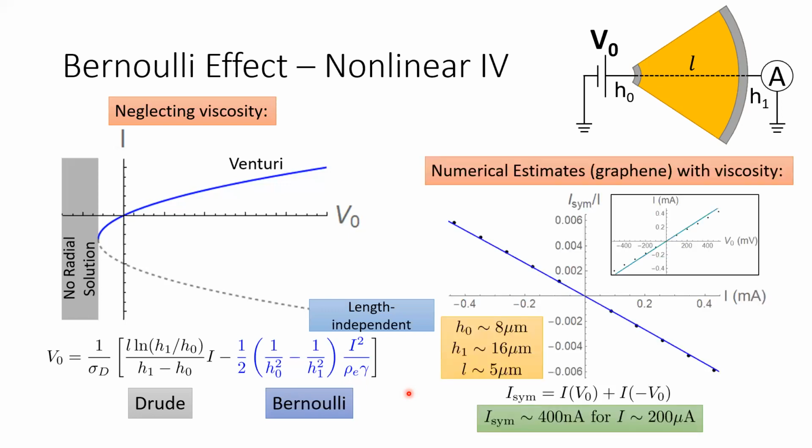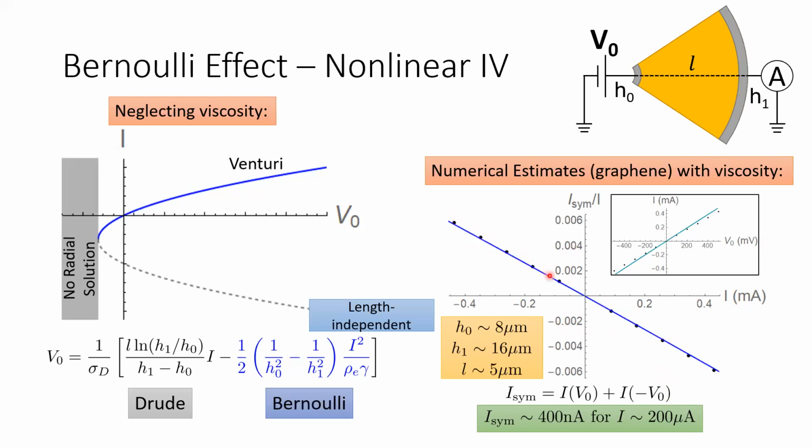Right. To get a sense of how strong this is in a realistic device, we're going to take graphene as our model. We're going to do some numerical estimates where we're not making this radial assumption. We're going to put back in viscosity. Here we have the IV characteristic, and I've plotted the symmetric current fraction against the total current, where the symmetric current fraction is a measure of how nonlinear the IV characteristic is. We have device parameters on the order of 10 micrometers.